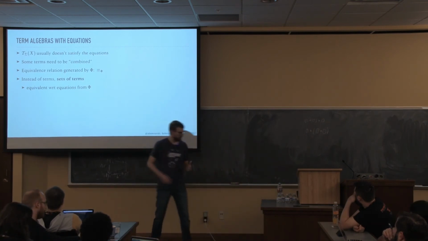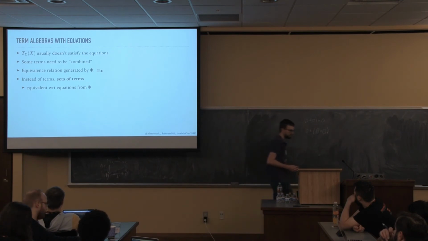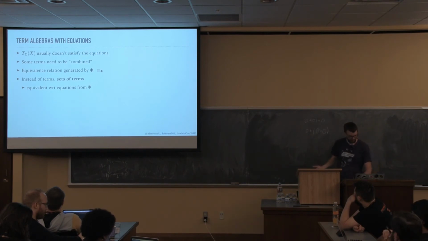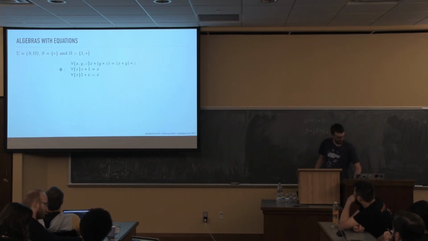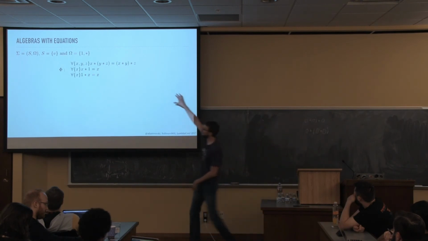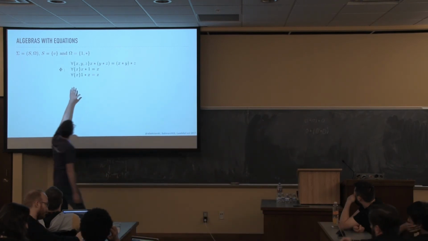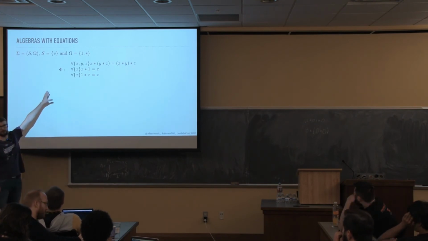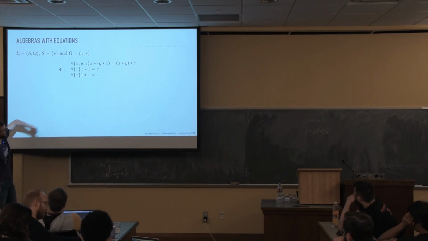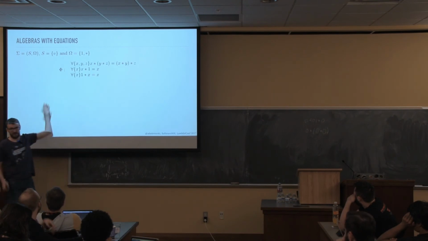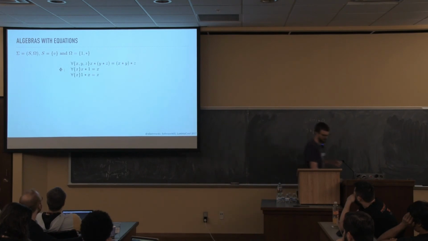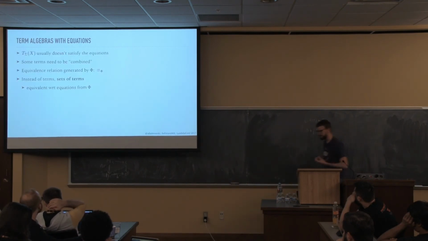So what we need to do is combine some terms, right? And we do that by defining an equivalence relation, which is generated by phi. Okay? So if we now take our equations, we can substitute the x's, the y's, and the z's with any terms from our term algebra. And this will specify which terms have to be glued together. So the elements of what's called the quotient algebra.